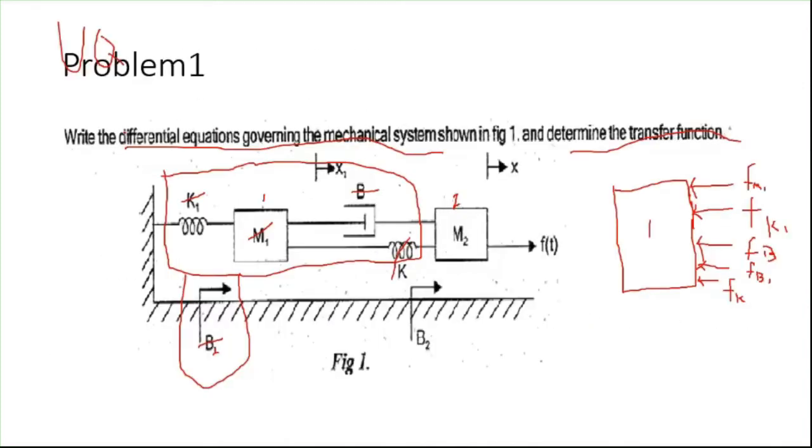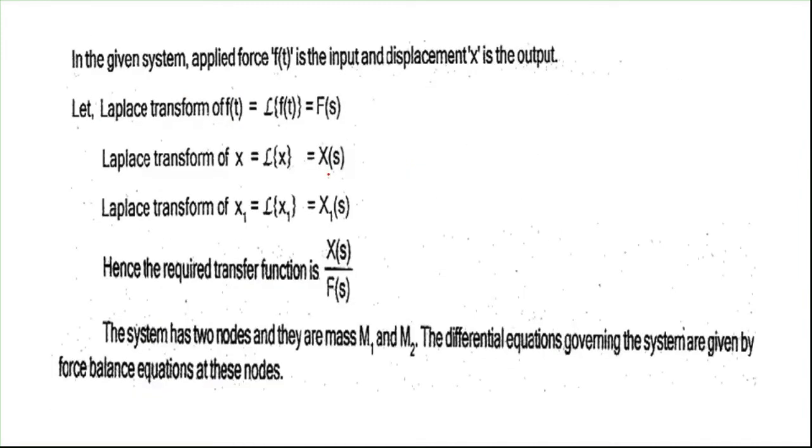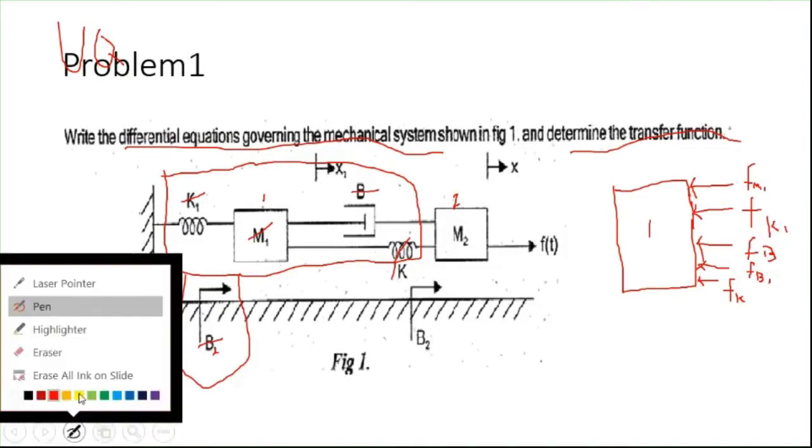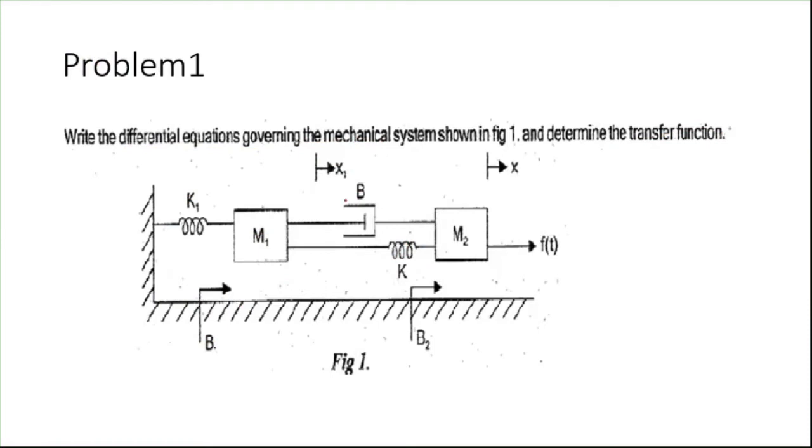this element, this dashpot. Okay, for this dashpot, what is the condition? It has two displacements. Just look here. For this B, if this is point A on node 1 and this is point B, at one end it has a displacement x1, at the other end it has a displacement x.